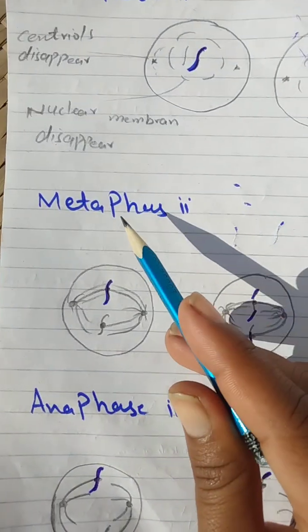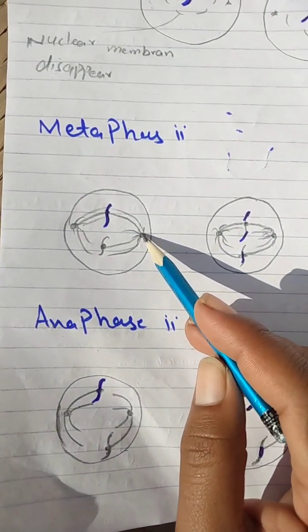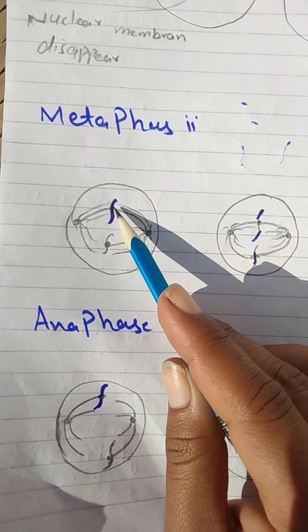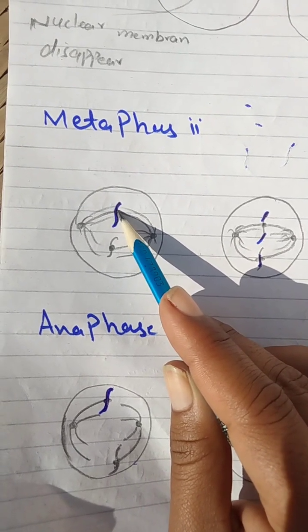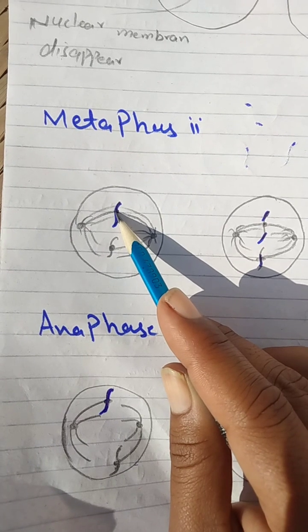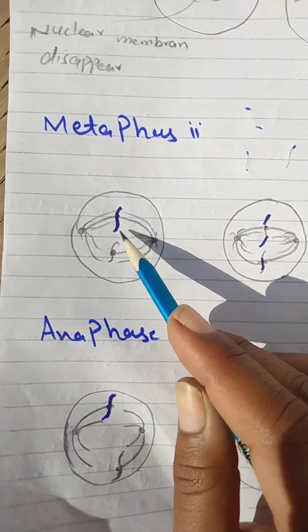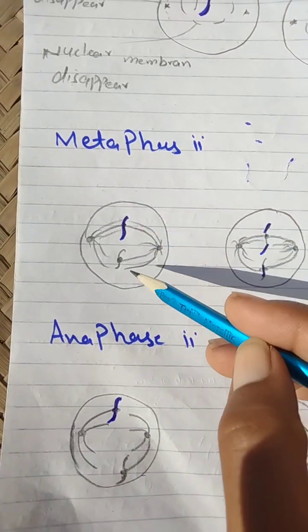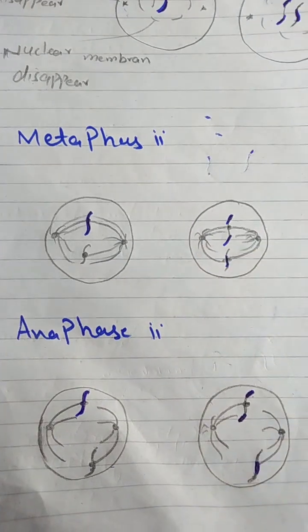In metaphase 2, again the spindle fibers attach with the kinetochore protein of the individual chromosomes and arrange these chromosomes at the equatorial plate.